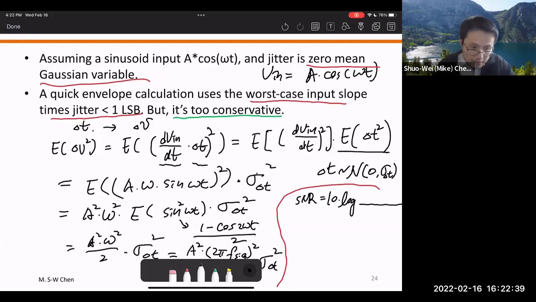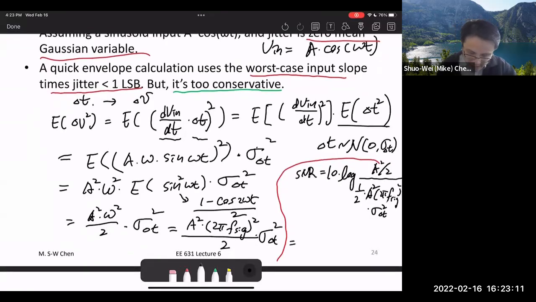So this is A squared over 2, right? So that's the signal power divided by the noise power. Okay, so noise power, there's no problem. We just calculated this: half A squared times 2 pi f signal squared times sigma delta t squared.